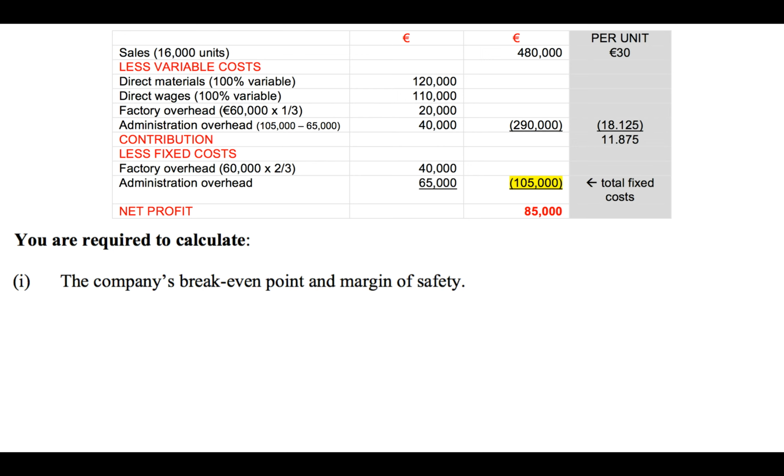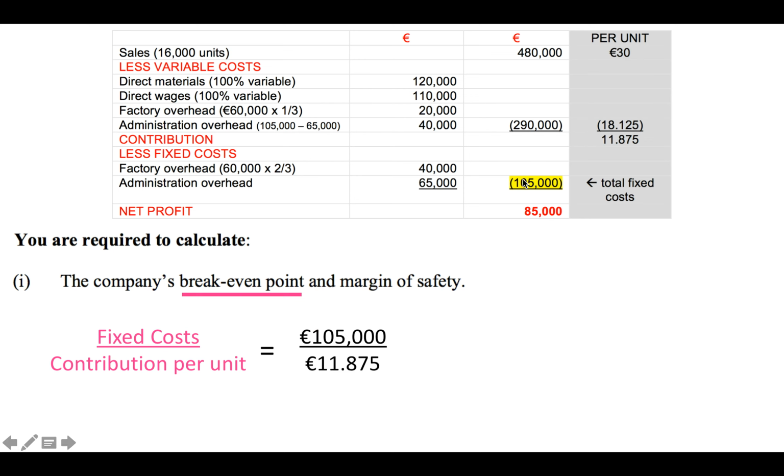The break-even point, hopefully you know what the formula is now. It's fixed costs divided by contribution per unit. Our fixed costs from our marginal costing statement above are 105,000 euro, over our contribution per unit of 11.875.